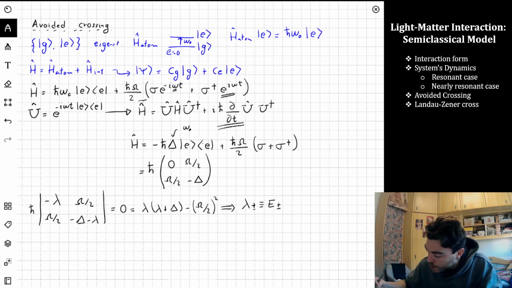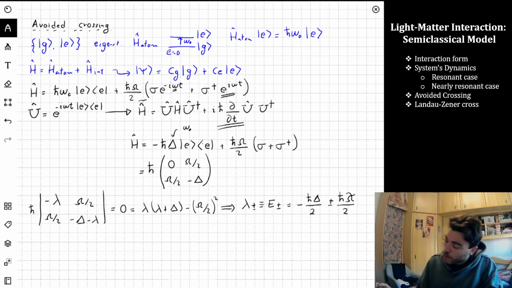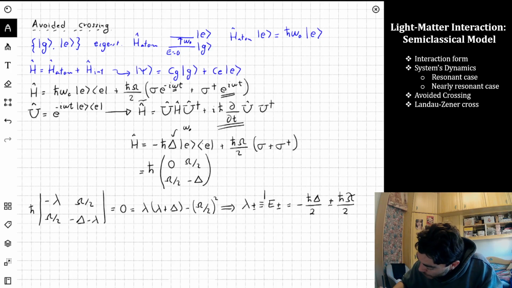They are minus h bar delta divided by 2, plus or minus, and you can show this yourself, it's a good exercise, h bar omega, the generalized Rabi frequency, divided by 2. And these are now the new eigenenergies of the coupled system.